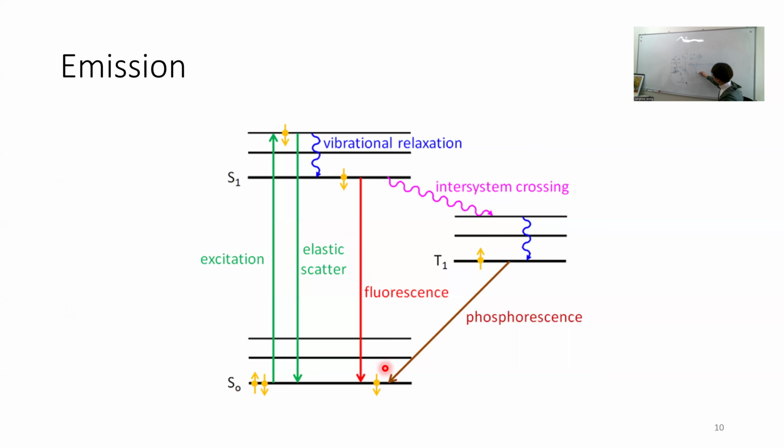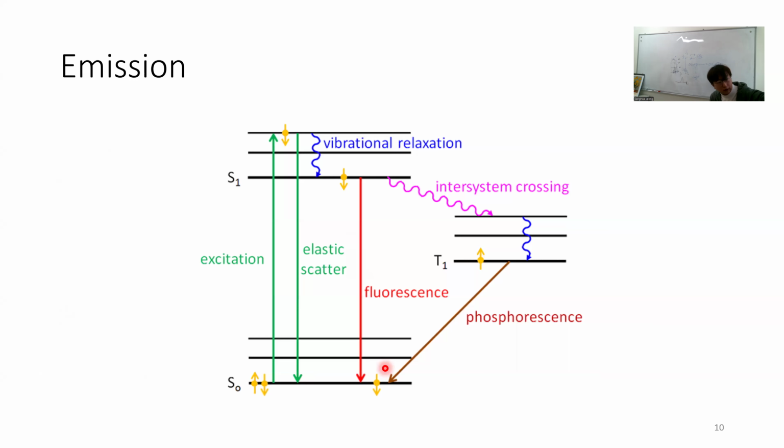So we say that this state is a singlet state and this is the triplet state. And triplet-to-singlet conversion is forbidden, so it takes some time to happen.